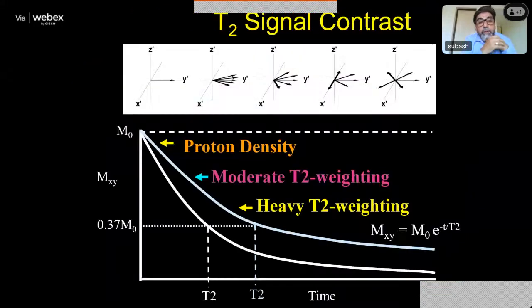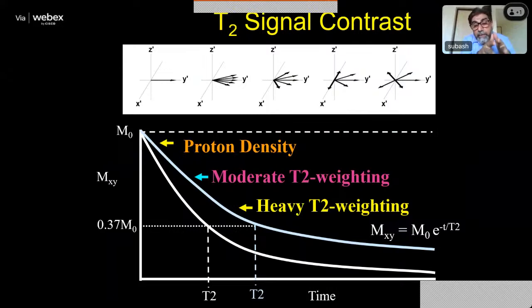And here you are shown two different tissues which have different T2 times, and how their contrast will change depending on when you acquire a signal. When you go over a longer time, you can see the two curves have quite a difference in their decay process, and this gap between the two tissues can be visualized in the MR image, which will be very clear when we look at the images.